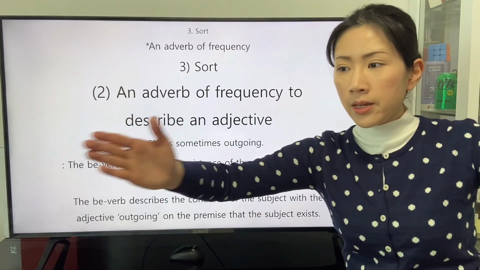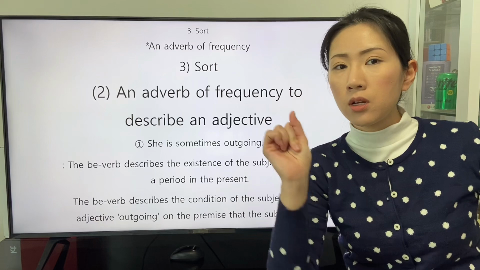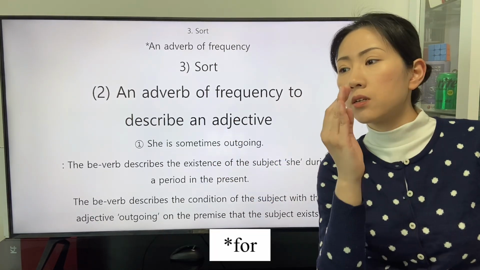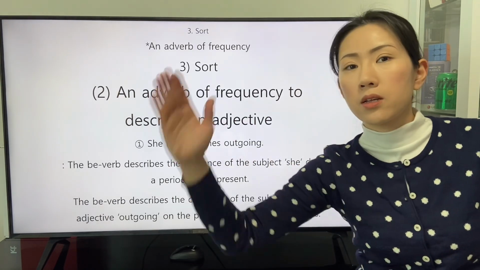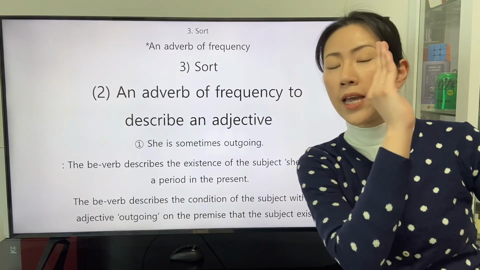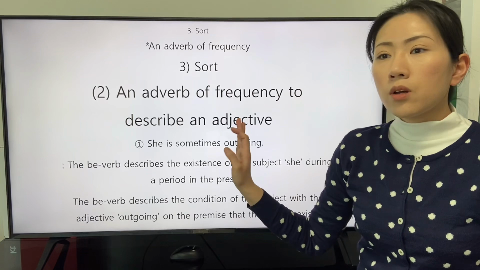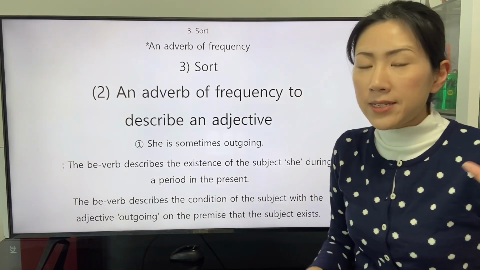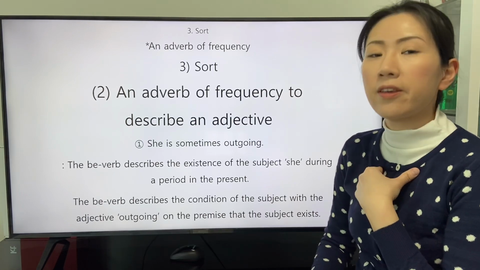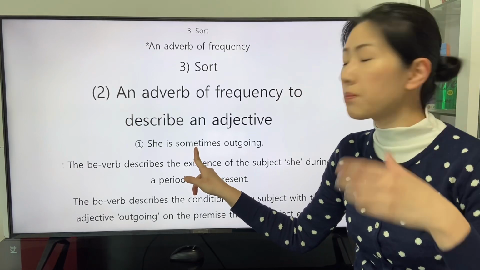So the subject exists for a period like this, and the condition indicated by the adjective outgoing is actualized a few times like this. The ratio of actualization is described from the subjective perspective of the speaker with the adverb sometimes.